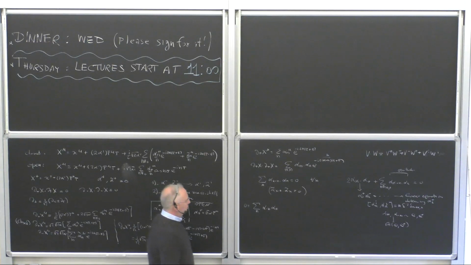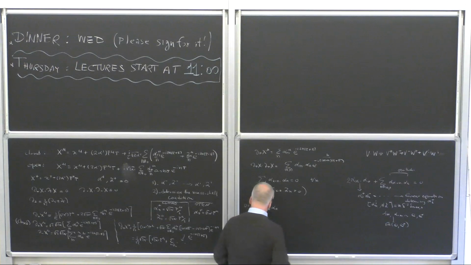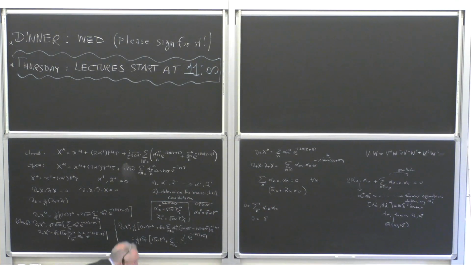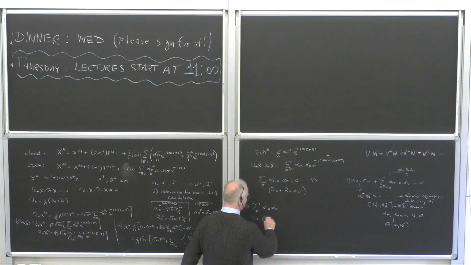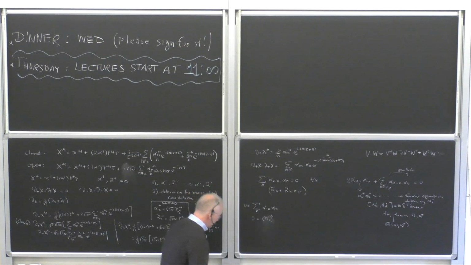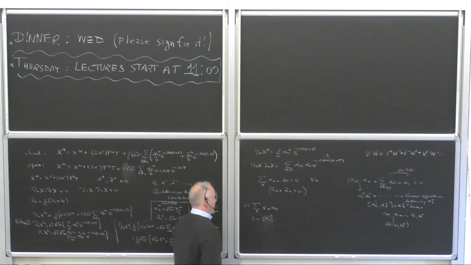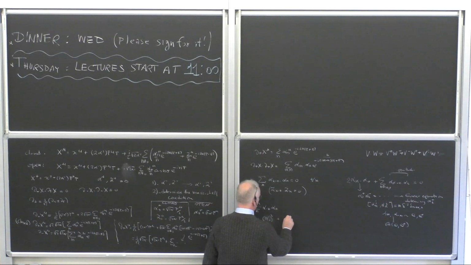And now this condition, you can split it again into two parts. The zero part, which is alpha 0 squared, and that's the difference between the closed and the open string. And then together with this thing, you have the sum.